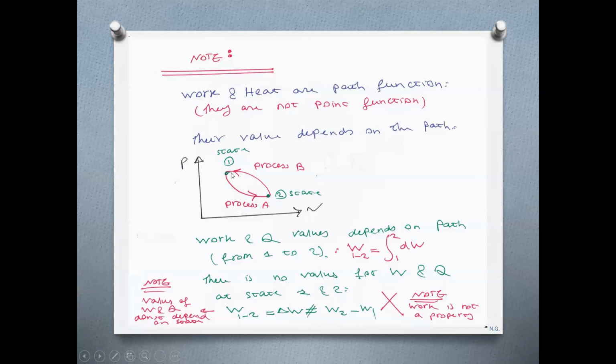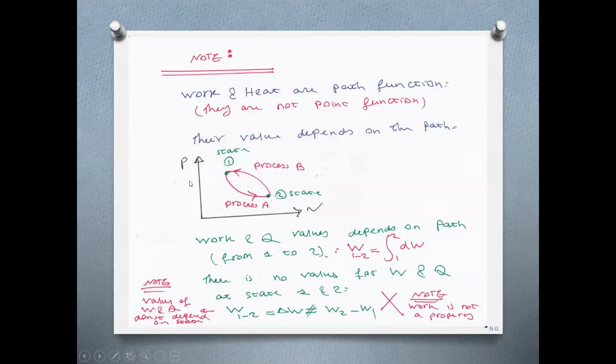It's not like you're at state one and the value of work is W1 and the value of heat is Q1, and you're at state two and the value of work is W2 and Q2. So when it goes from state one to state two, W2 minus W1 is the work done.